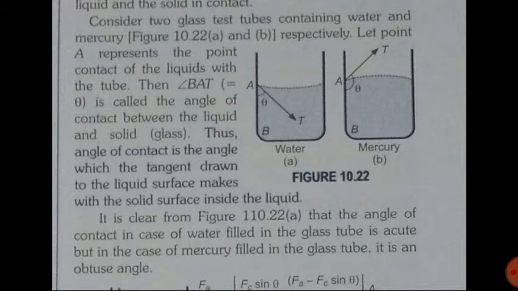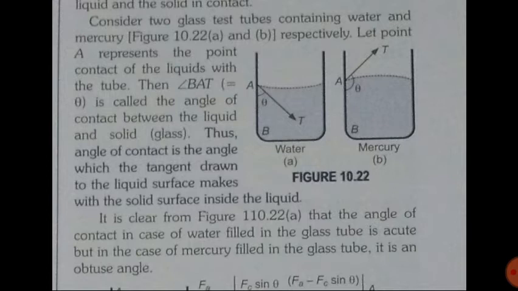When mercury is filled in a glass container, the adhesive force between mercury and glass is very less in comparison with the cohesive force between the molecules of mercury. Are you understanding this? Mercury is a very dense liquid, the molecules are very close to each other, and they have very strong attraction with each other. So cohesive force is very high there.